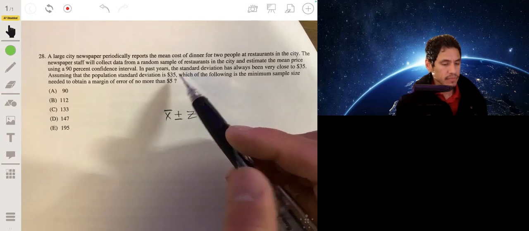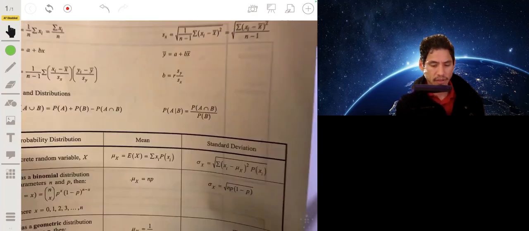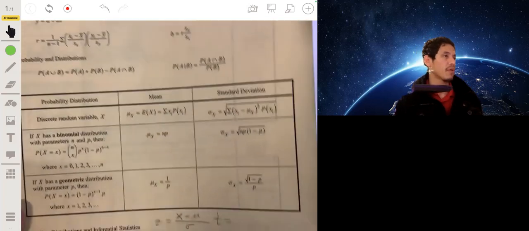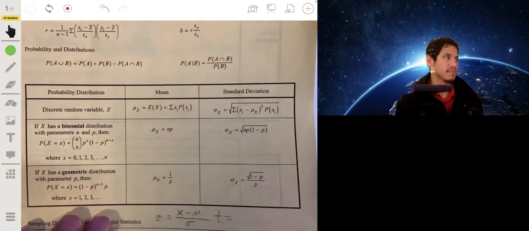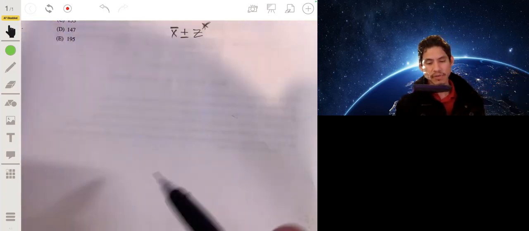But let's look at our formula sheet. We actually have all sorts of information, so make sure you get comfortable with this. It's going to be helpful.